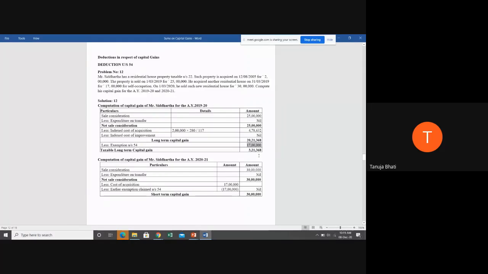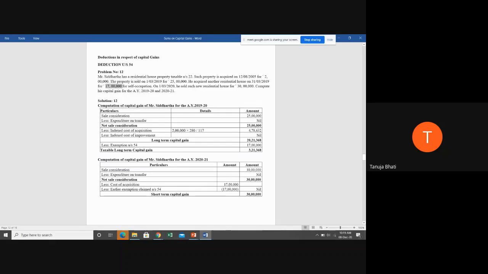So since he's selling before 3 years, this benefit what he had got of 17 lakh will be added to the cost of acquisition. So what happens? Less expenditure on transfer. So net sale consideration is 30 lakhs. Sorry, students. So less cost of acquisition. So this new house which is selling for 30 lakhs, he had acquired this new house for 17 lakhs.